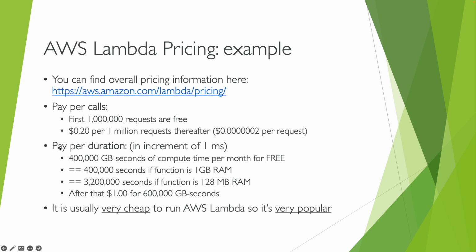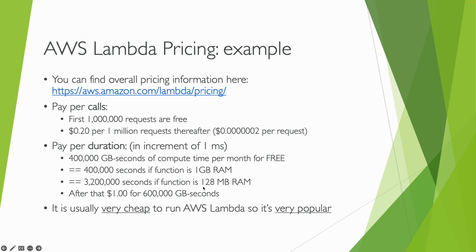Okay, so how the duration works, how we pay for the duration: initially they will give 400,000 GB-seconds of compute time per month for free. Every month you will get this. So if you are using 1 GB RAM, you will get 400,000 GB-seconds.